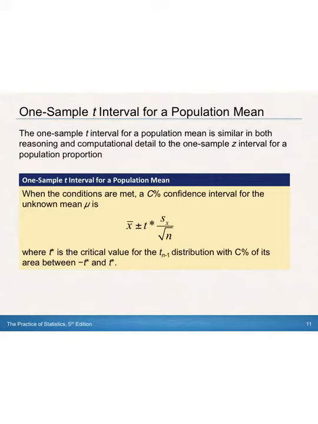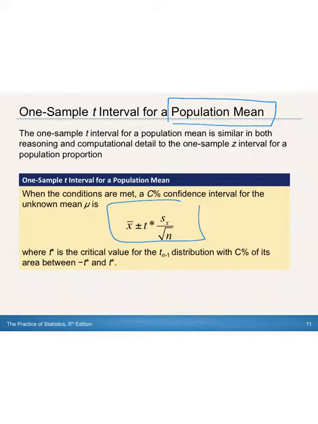So if we are finding the interval for a population mean, unless for some reason we have the standard deviation of the population, which would be very rare, we're going to use this formula, assuming it meets all of the conditions.